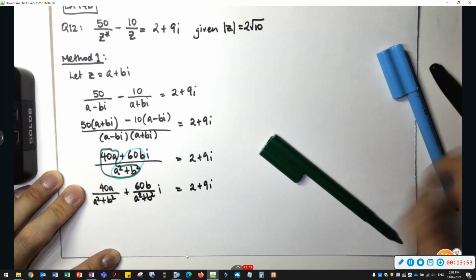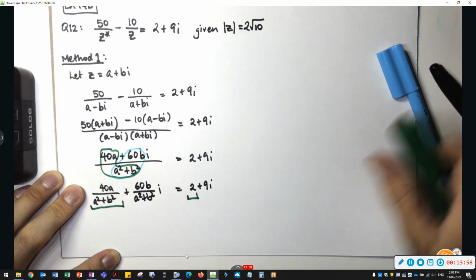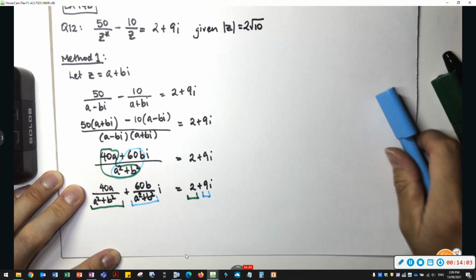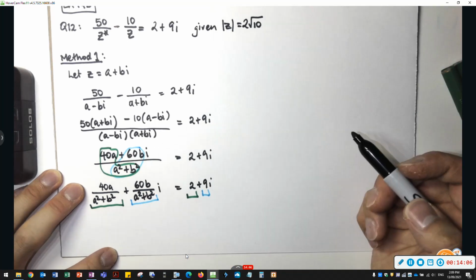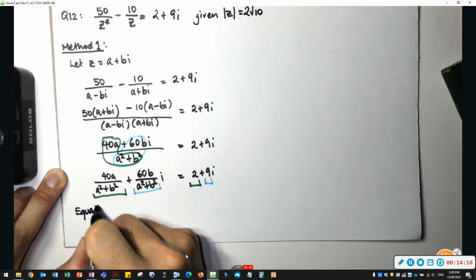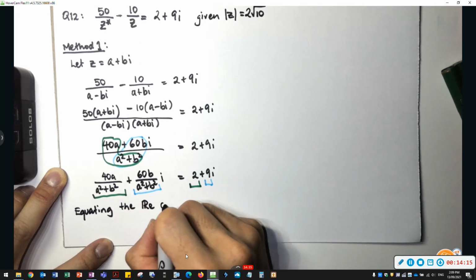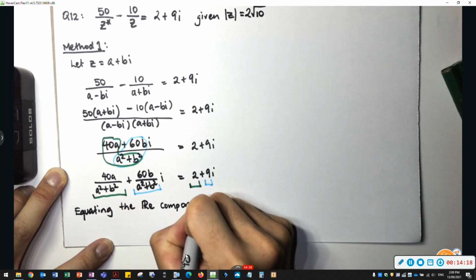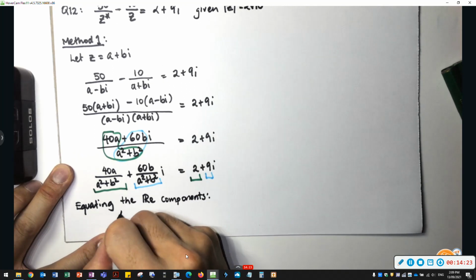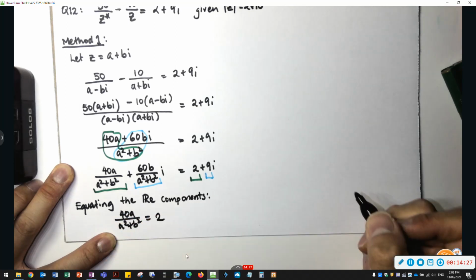So what I'm trying to tell you is this term here on the left should be the same as 2, and then this term here on the right hand side should be the same as 9. This is called equating components. So equating the real components, what do you get? You're going to get 40a over a squared plus b squared equals 2.